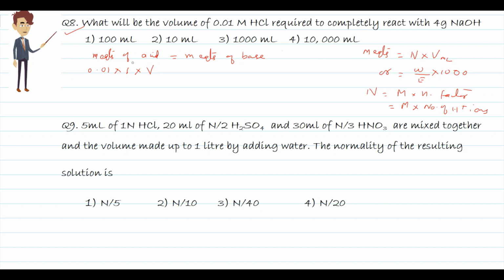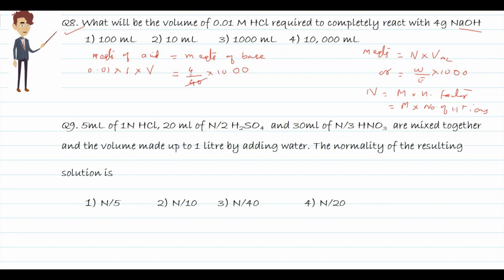This will give you the milliequivalents of acid. When we come to milliequivalents of base, here the base is NaOH, and mass is given. Mass is converted to milliequivalents using W by E into 1000. W here is 4 gram, 4 divided by equivalent mass. The equivalent mass of NaOH is the same as the molar mass of NaOH, 40, into 1000.